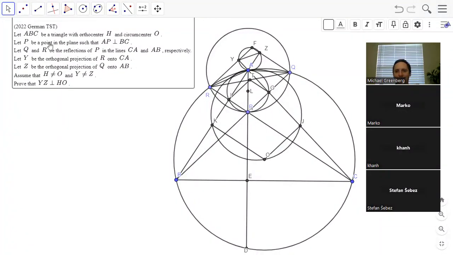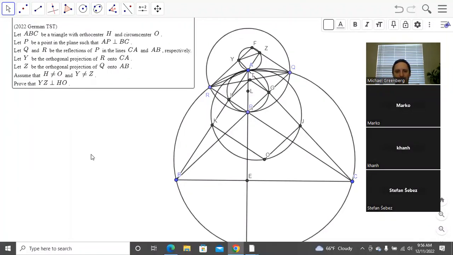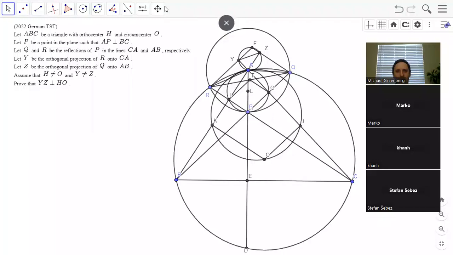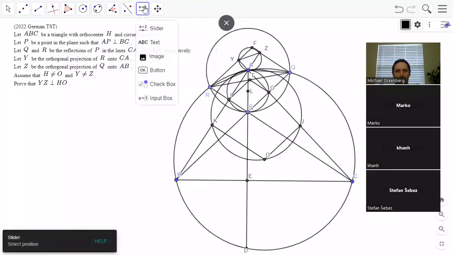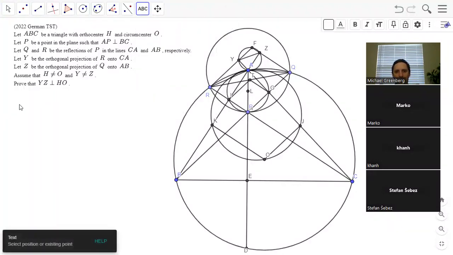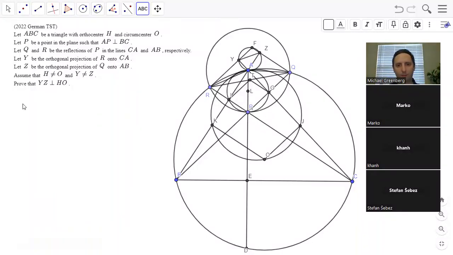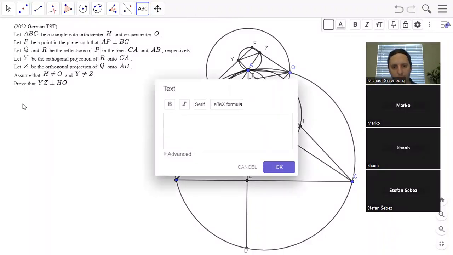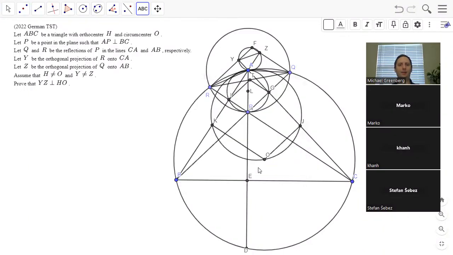So all right, I'm going to write this up. First I'm going to show that we can let P equal H. I'm just trying to think how to write this in English, in words.